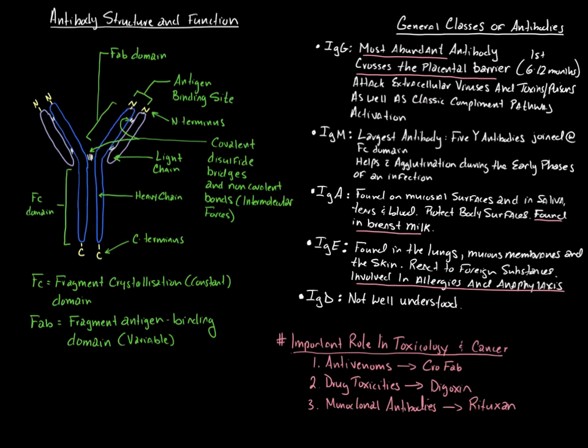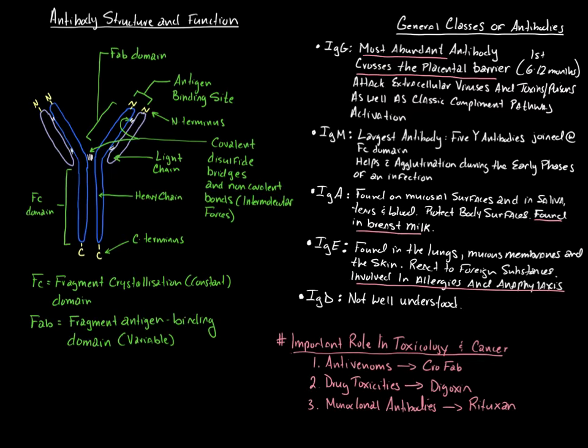There's much more variability in this area, depending on the antigen that this antibody is binding to. And so you have lots of receptors and lots of different protein fragments that can help this antibody bind. So this is actually where the antibody binds to the antigen, right in here in the Fab domain.